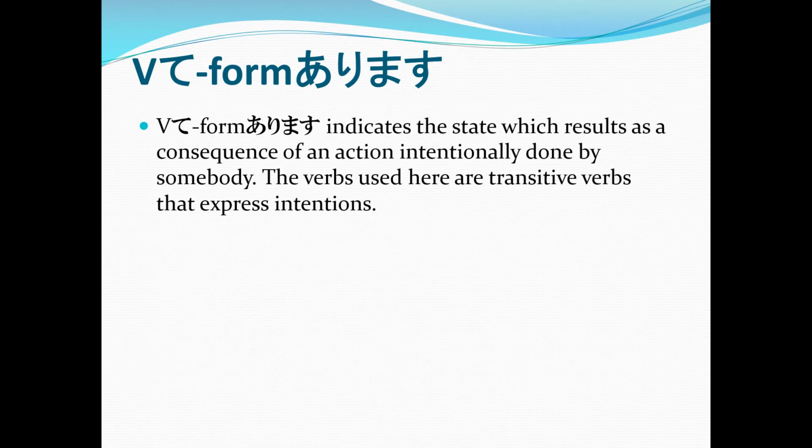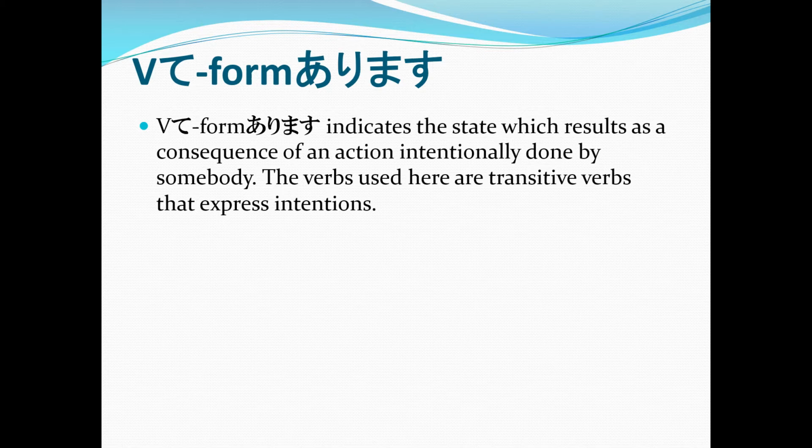Verb te form arimasu indicates the state which results as a consequence of an action that is intentionally done by somebody. The verbs used here are transitive verbs that express intentions.